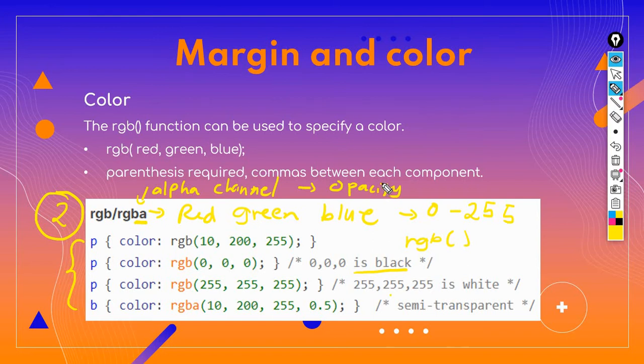It is a number between 0 and 1. So for example, here you can set values for the red, green, and blue, and an opacity of 0.5, and this will look semi-transparent.